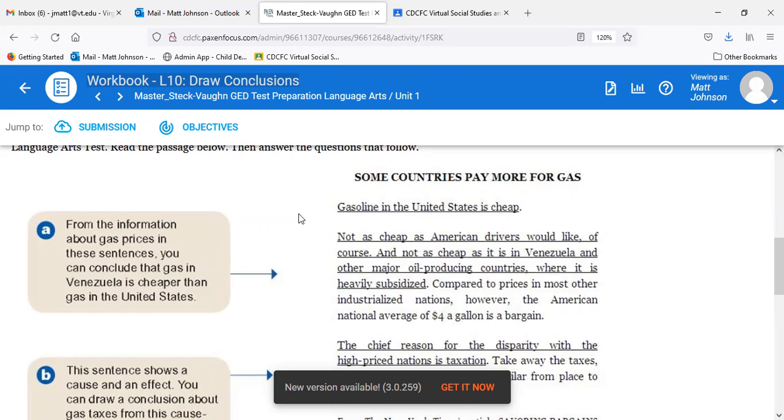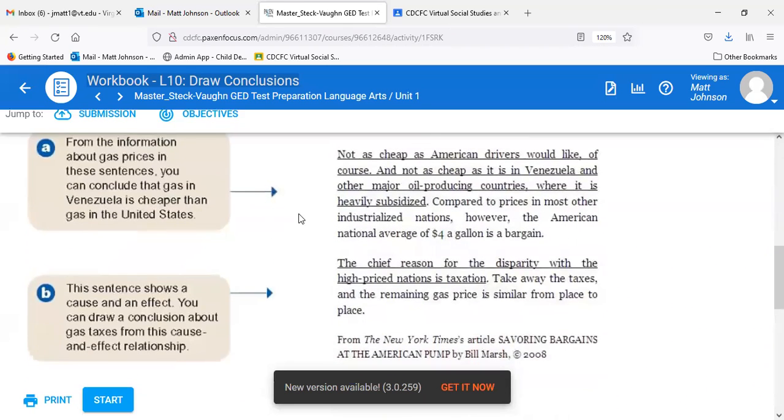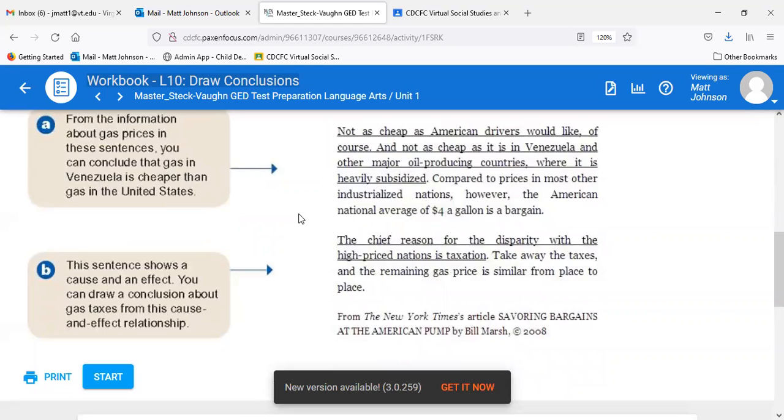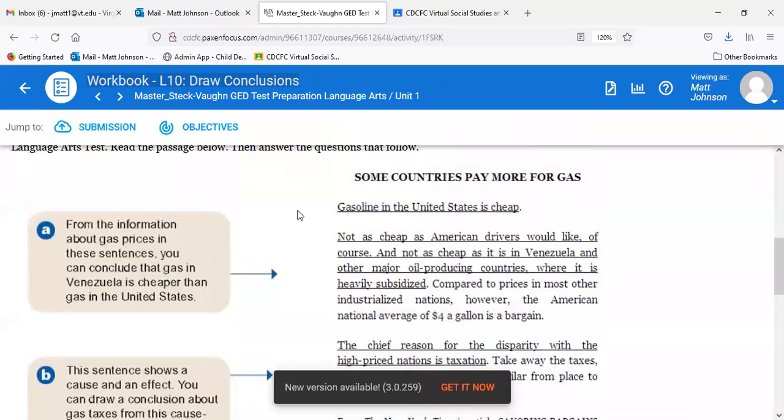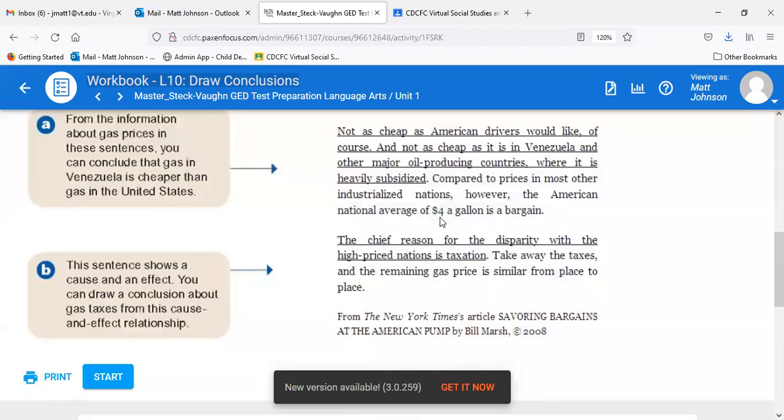Compared to prices in most other industrialized nations, however, the American national average of $4 a gallon is a bargain. The chief reason for the disparity with the high-priced nations is taxation. Take away the taxes and the remaining gas price is similar from place to place. Yeah, so as I was saying, back 13 some years ago, we were dealing with some pretty hefty gas prices then as well.